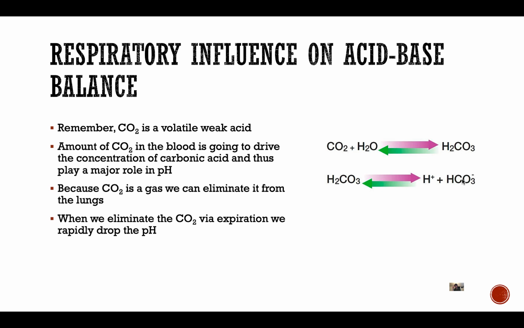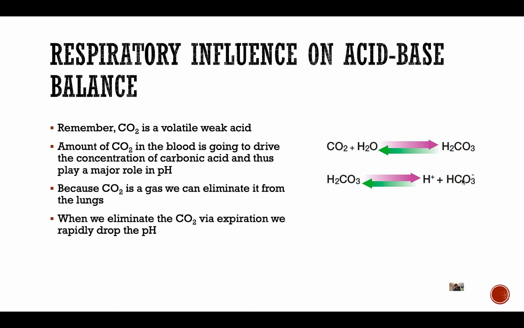right? So the major take-home point, we have multiple buffer systems. We have buffer systems inside the muscle. We have buffer systems in the extracellular environment or in the circulation. We've talked about the ones inside the muscle, and the bicarbonate system is the overwhelming majority of buffering inside the blood.